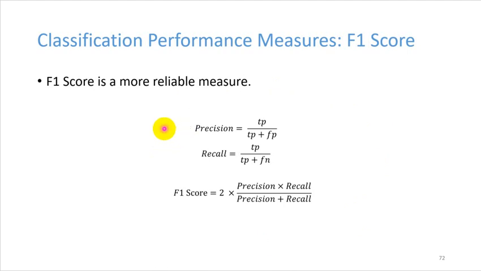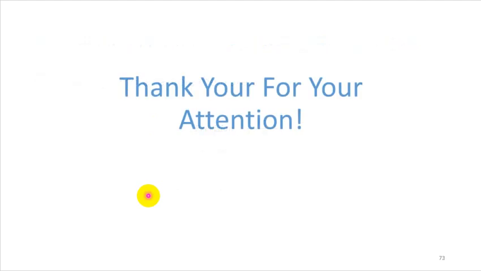We have a measure called precision and recall, and F1 score is a combination of these two measures. This is a more reliable measure, but there are also other options that we can use for evaluation of our classifier. Thank you very much for your attention.